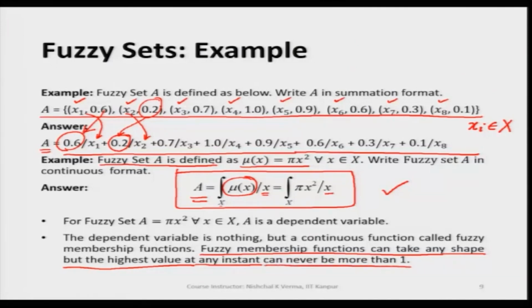This is because these fuzzy membership functions provide the membership values, and the membership value cannot be more than 100%. So, that is why 100% is represented as 1, and any membership function can never go more than the value of 1.